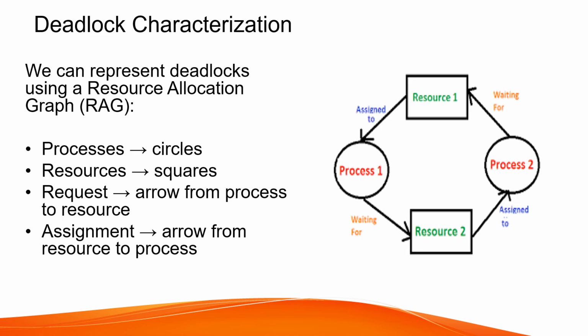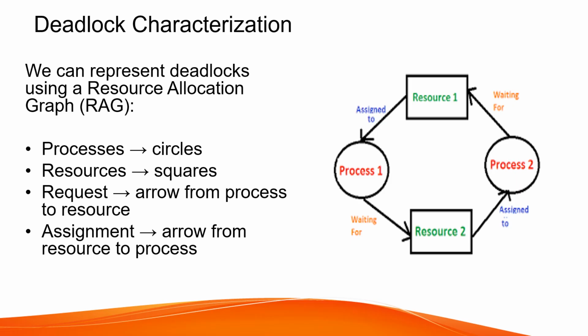In this picture, you can represent the deadlock using the resource allocation graph. In the resource allocation graph, the process is given in a circle and the resources are represented in a square.